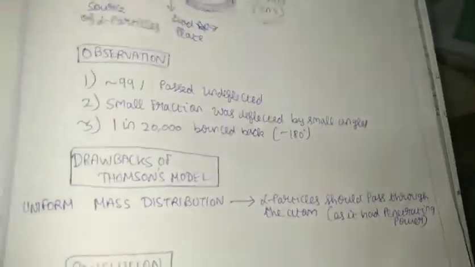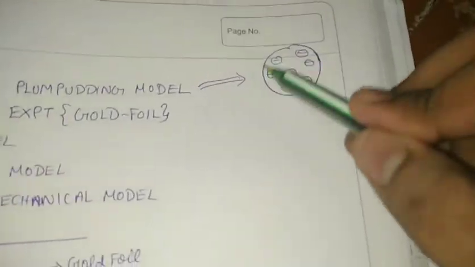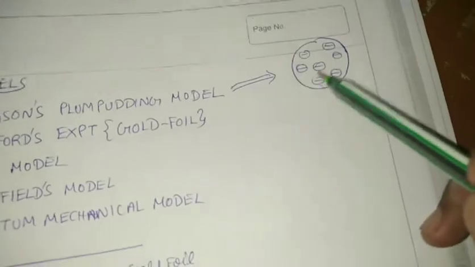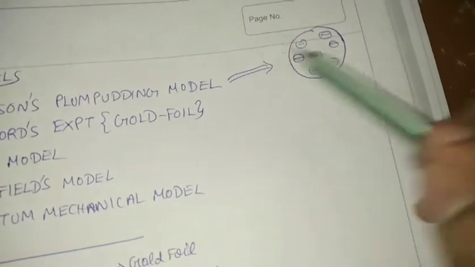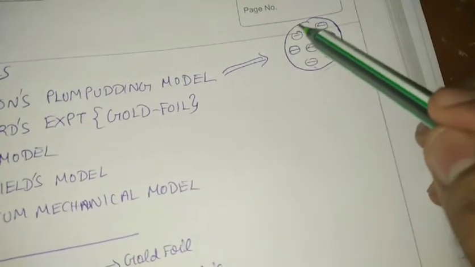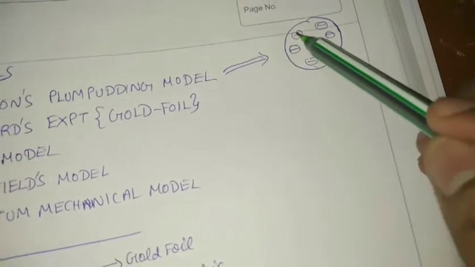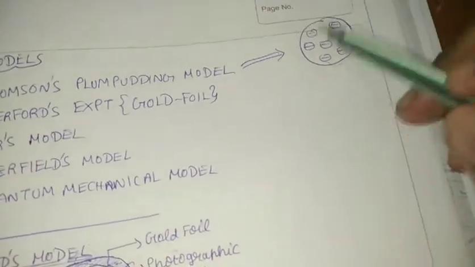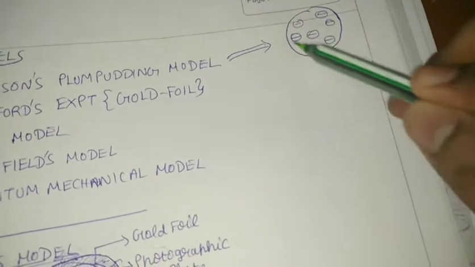See, this is basically the positively charged watermelon model of Thomson's model, right? So when alpha particles went through it, due to the negative charge, some should be attracted, and most of the positive charge is here.